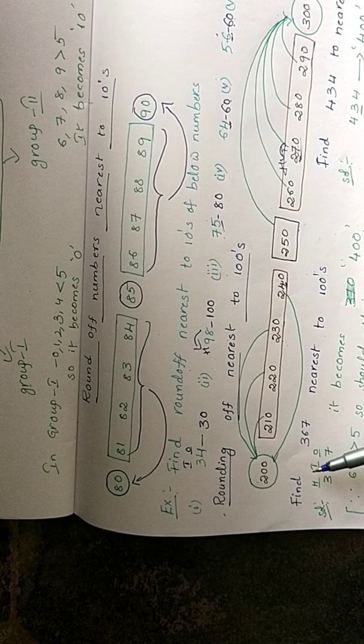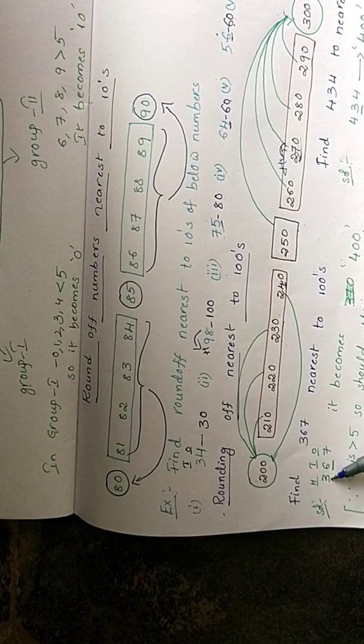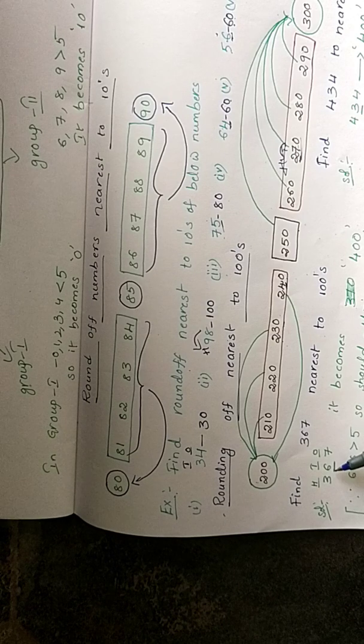Next, find 367 nearest to hundreds. First of all, you write the place values: ones, tens, hundreds. In the hundreds place 3 is there. 6 is in the tens place. Before the hundreds place, you see the tens place.